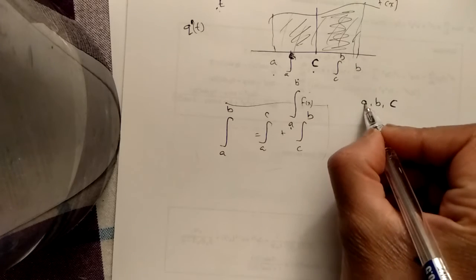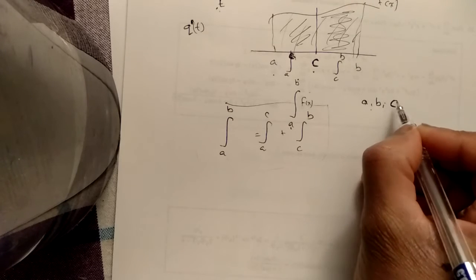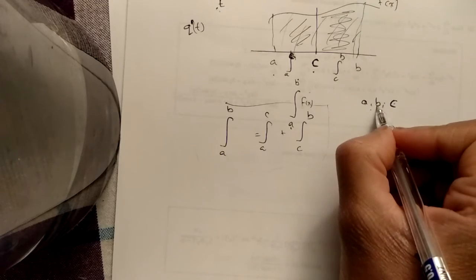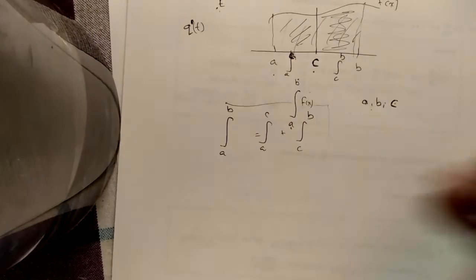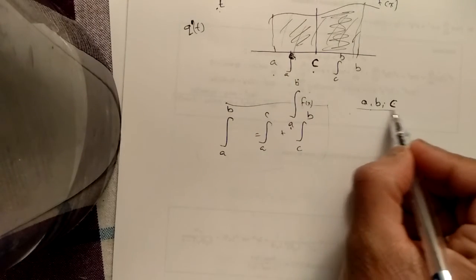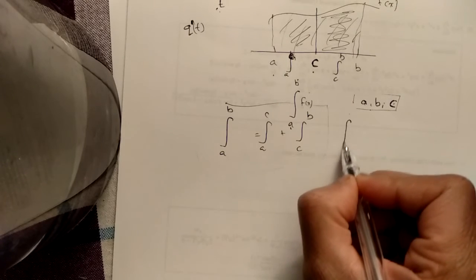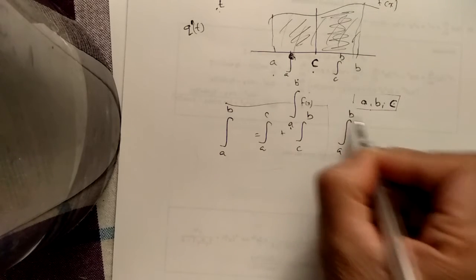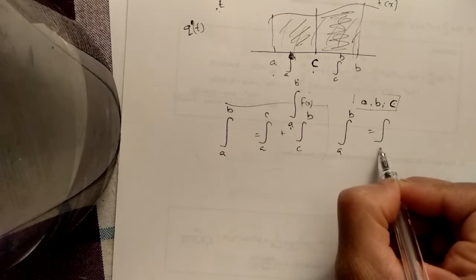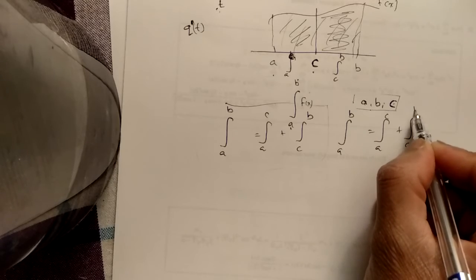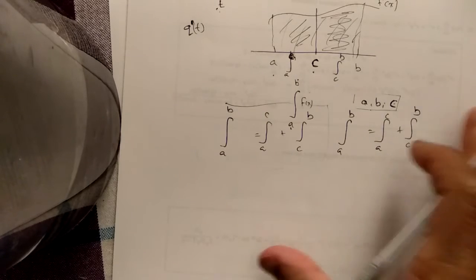Like A can be in between B and C, C can be between A and B, or even B can be between A and C, right? That order doesn't matter, right? Whatever the order of these numbers is, we can still write the integral like this, right? So whatever the order we have, we can still write it like this.